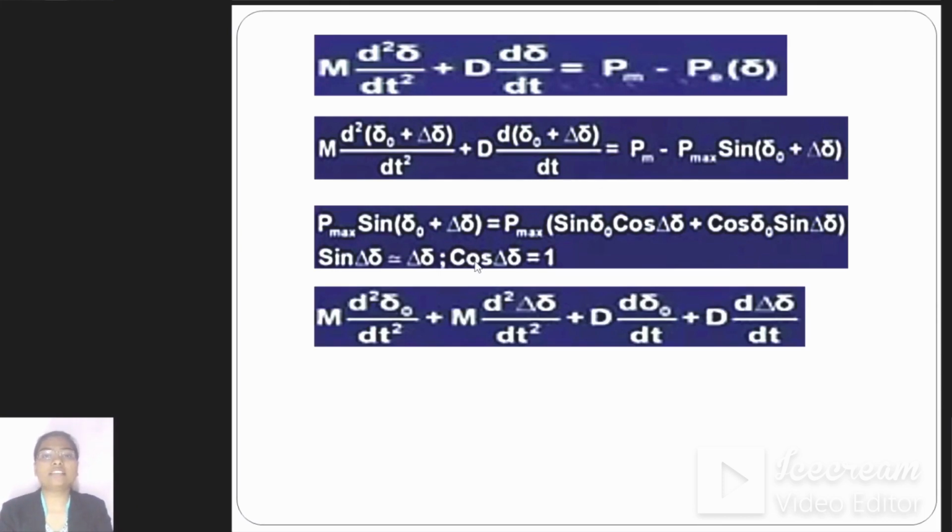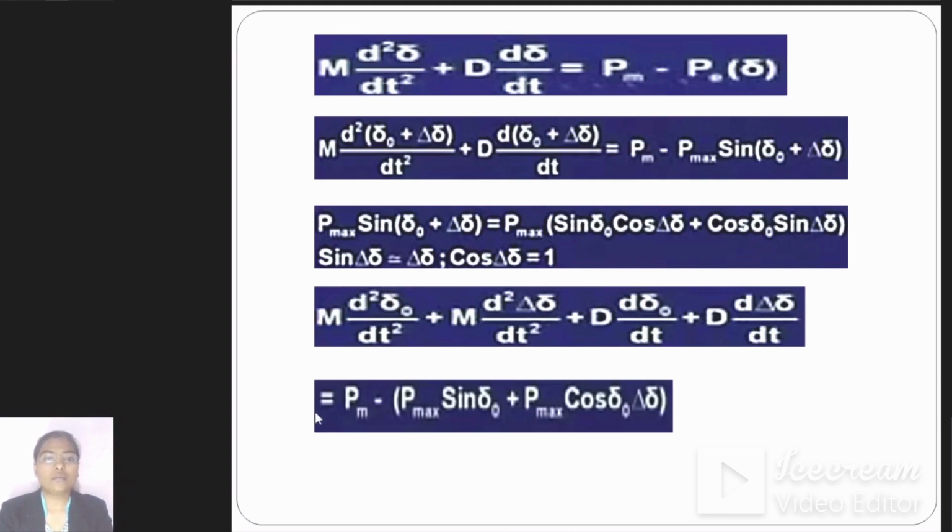So putting these into the previous equation, we get M d squared delta 0 by dt squared plus M d squared delta delta by dt squared plus capital D into the derivative of delta 0 by dt plus D d delta delta by dt.